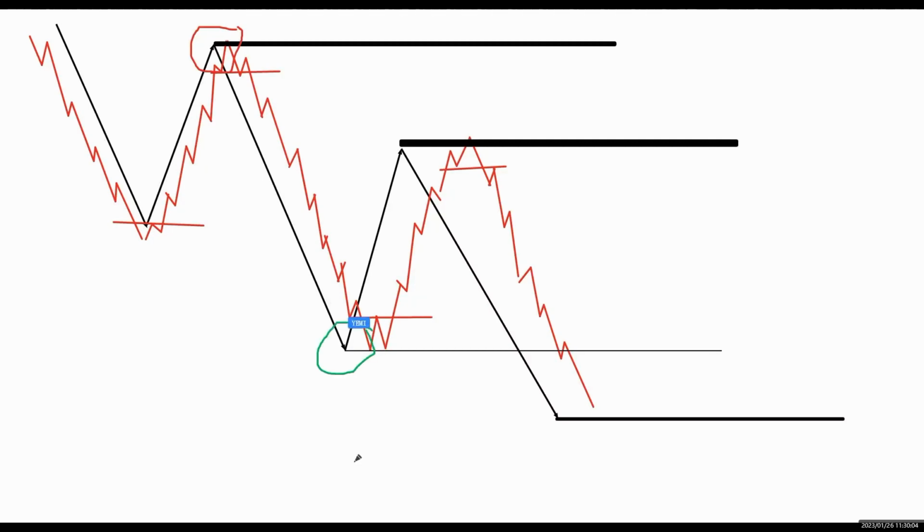How are you able to take specific trades for a sell right here? And how are you able to take specific trades for a buy right here for what? The next continuation push, and change the structure to the uptrend. That is the concept I want to show you guys.